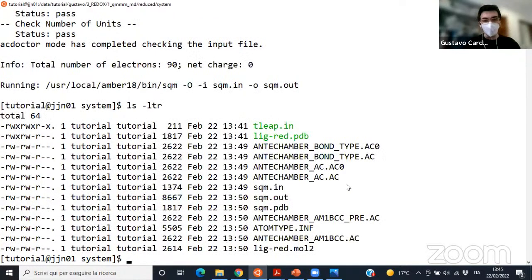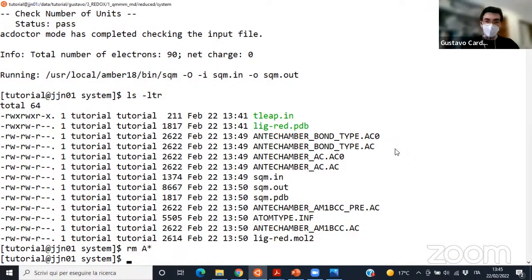Of course we have a lot of other files which are not going to be necessary for our discussion. If you want, you can remove them, like rm A*, so it's going to remove all files starting with uppercase A. And the really interesting file here is going to be the mol2, big red.mol2.